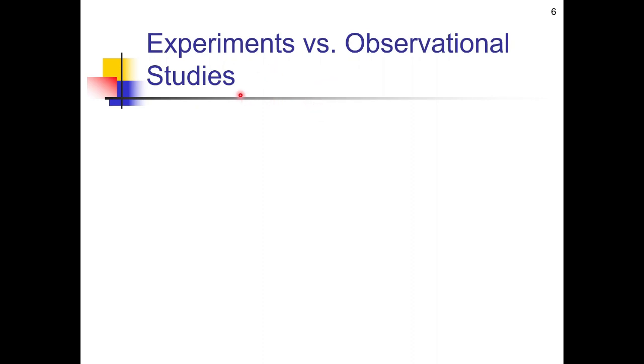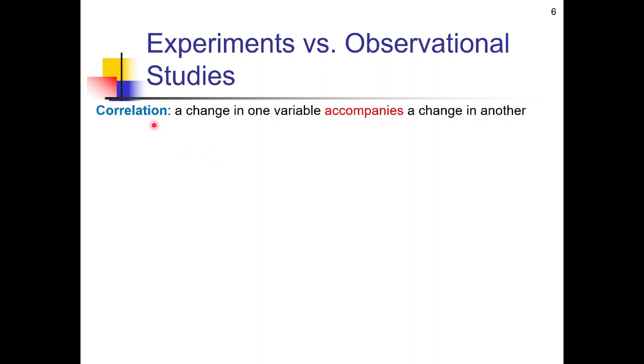Now, before we talk about the pros and cons of each of these, I need to introduce another concept. When we're studying the connection between variables, we might notice that a change in one variable happens to accompany a change in another variable. This is the idea of correlation.